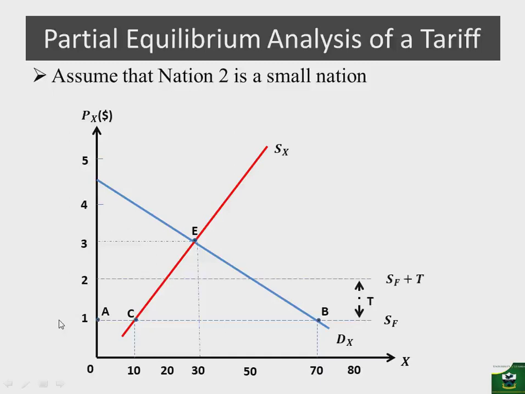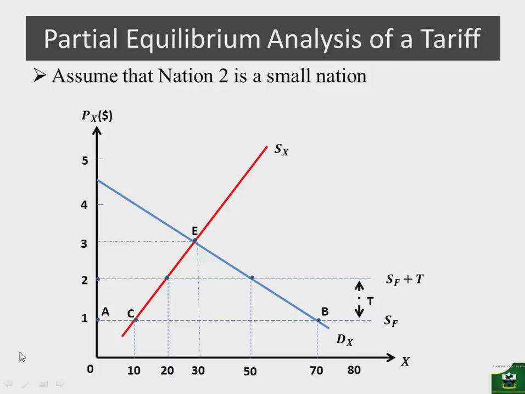It means that the infinite supply function will shift to 2 and the price will be 2 for each commodity. You'll notice that at this price, 20 units are produced domestically while 50 units are consumed, which means that 30 is imported.